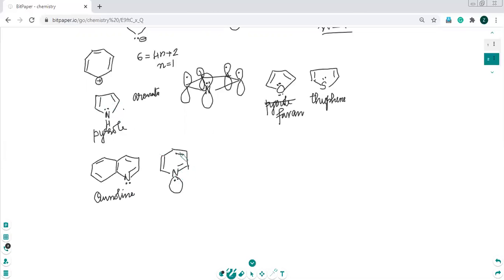Okay, so what is the geometry of this molecule? Look here. Look at the geometry. Here is nitrogen, and the lone pair is just like these hydrogens. See this.